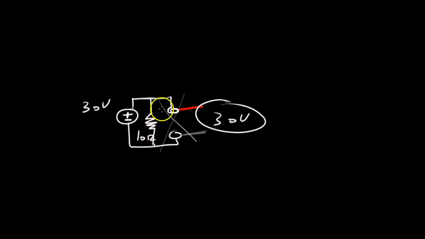So you're going to have 30 volts across here, and you'll have some current flowing, which is 30 volts over 10 ohms, which is 3 amps. You'll have 3 amps flowing here, which is a pretty big current.